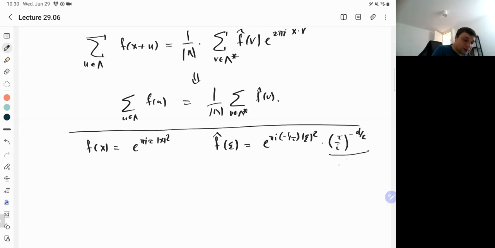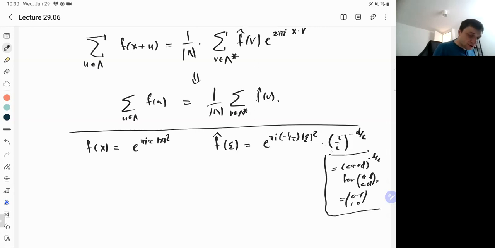Morally, this is the same as c tau plus d to the power -d/2 for the matrix A, B, C, D, so 0, -1, 1, 0. Except there's this power of i, which makes life more complicated, but as we will see, this actually plays an important role.